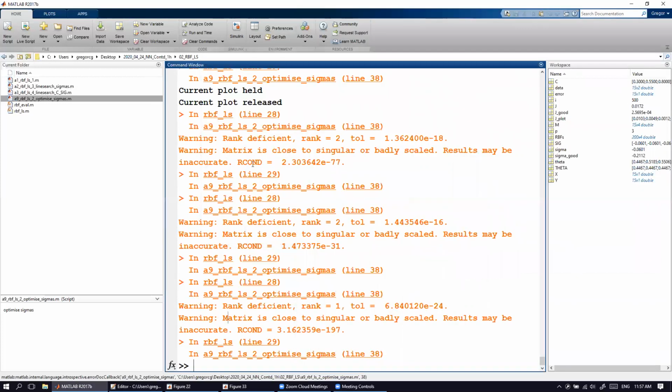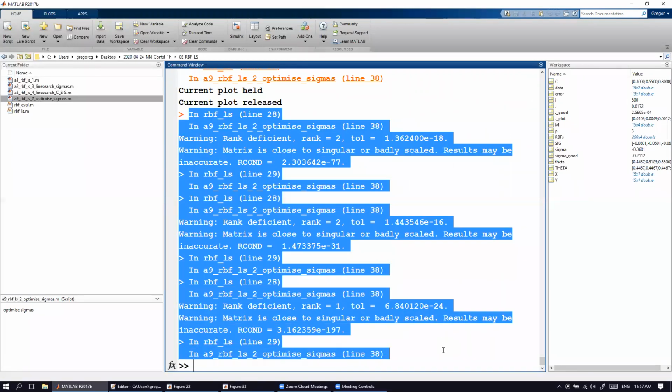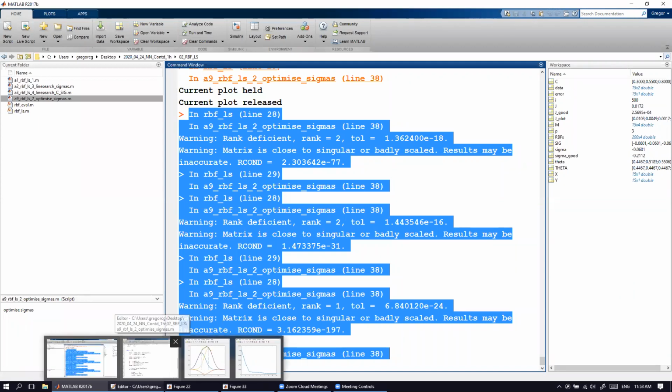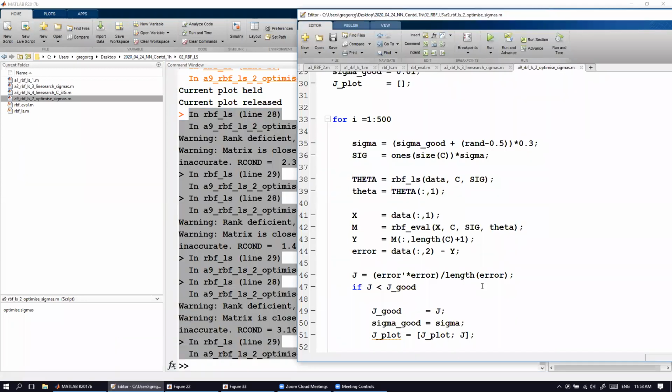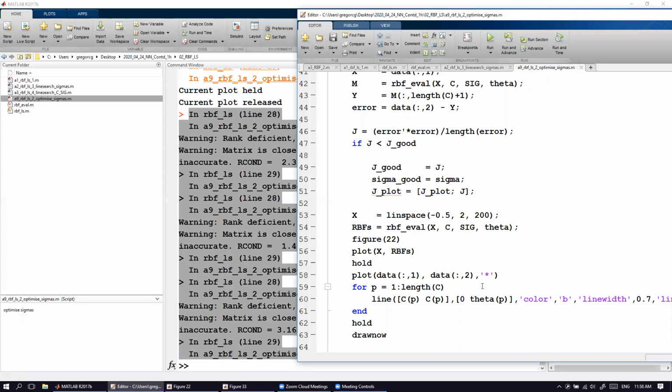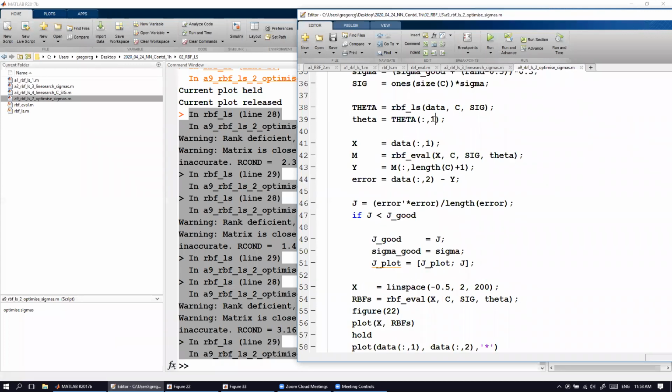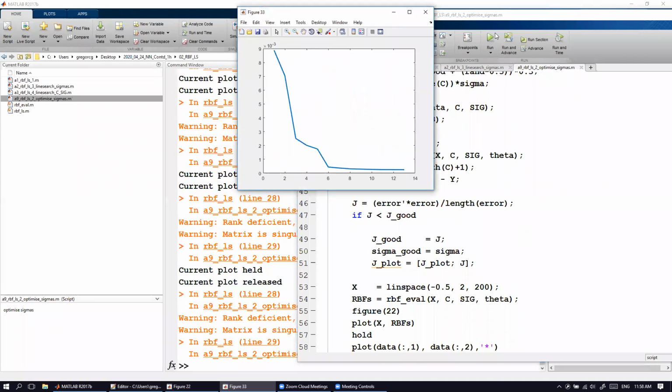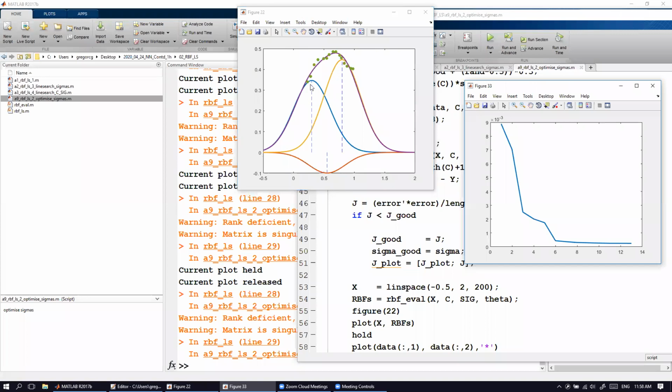Again, I get the warning that using the least squares is not really a good idea, and that the pseudo inverse should be used. So I do that now. In this case, we get probably a better approximation.